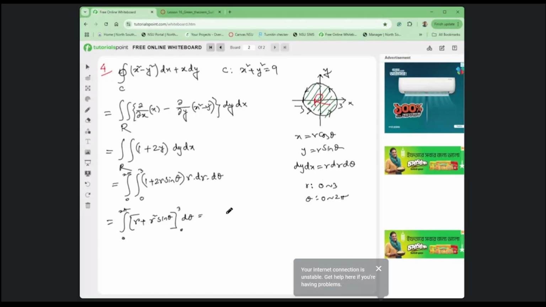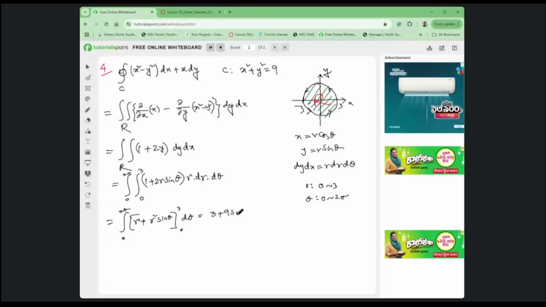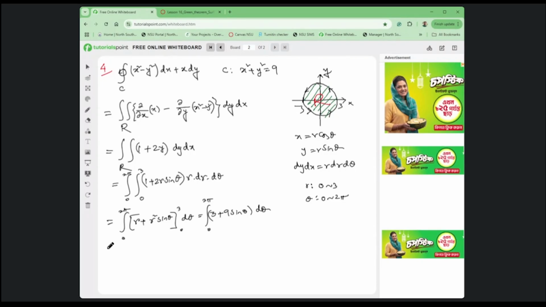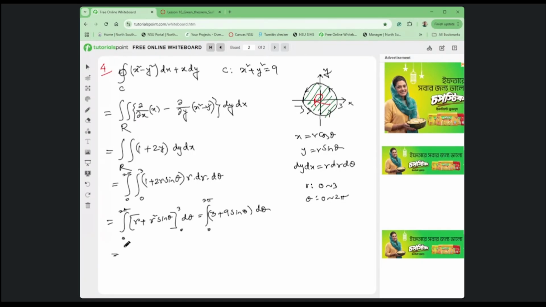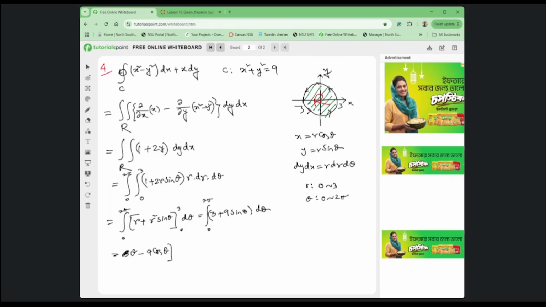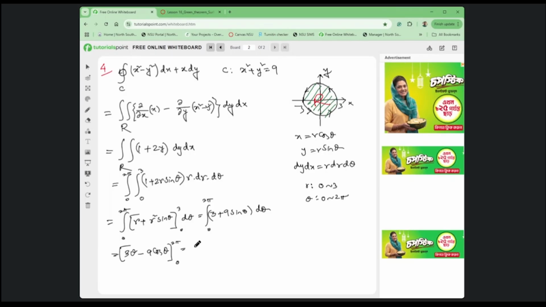So 3 plus 3 square, 9 sin theta, 0 to 2 pi d theta. Finally, you can have 3 theta minus 9 cos theta, 0 to 2 pi.